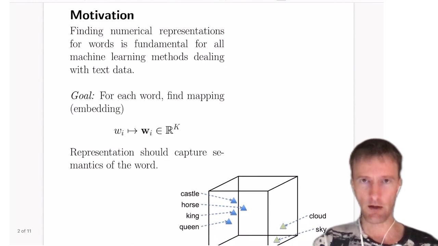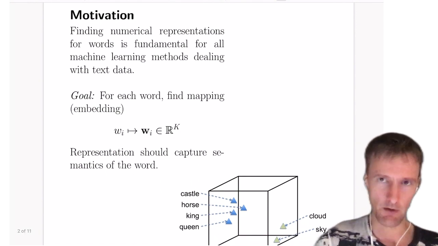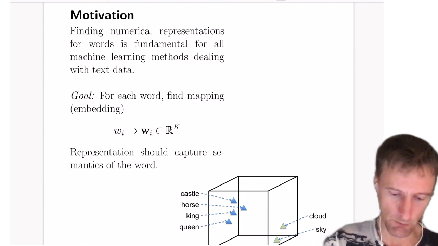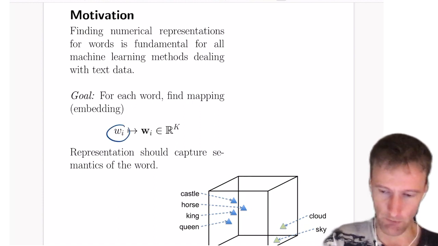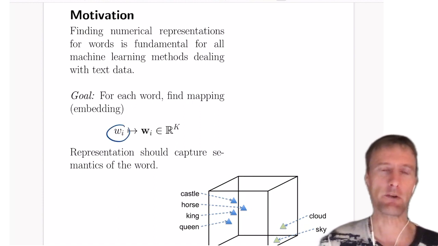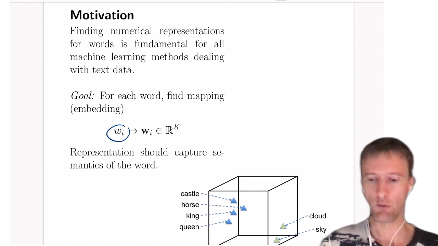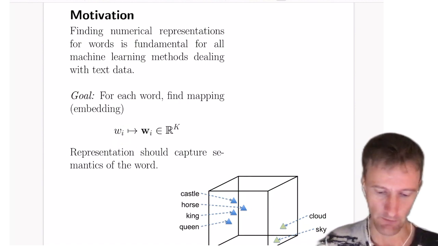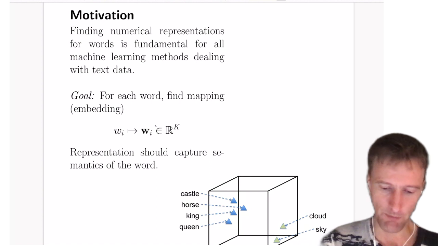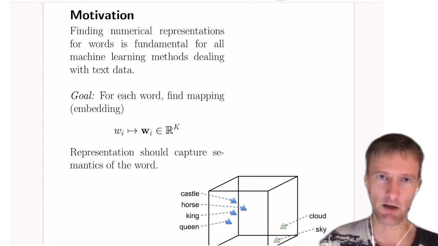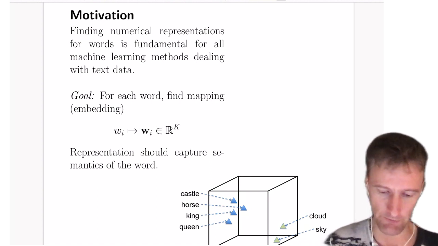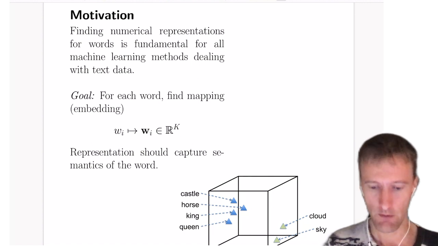In maybe the most fundamental example, you are given a word. There is a fixed vocabulary, let's say there exist like 10,000 words or so, and you want to map them to features. So w_i, if it's in bold, means it's a feature vector.